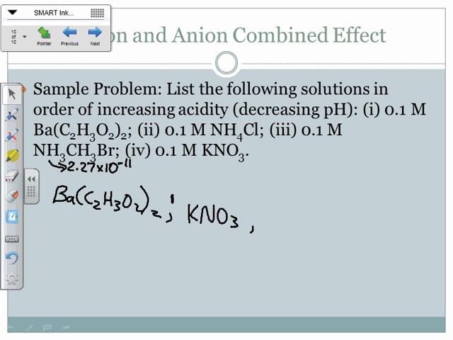Which is a fairly small Ka. And then the Ka for ammonium, I'm having to convert this one too, is 5.6 times 10 to the negative 10th.